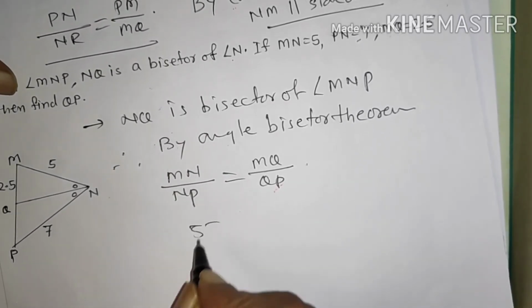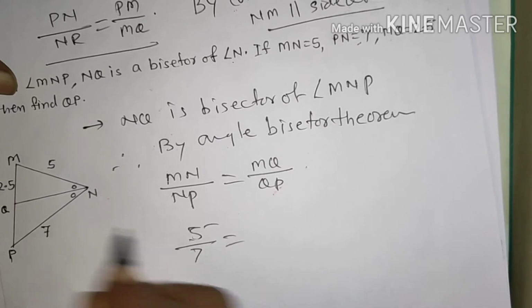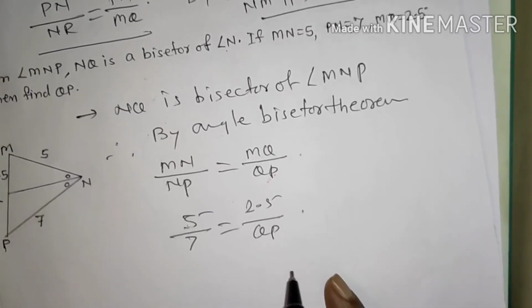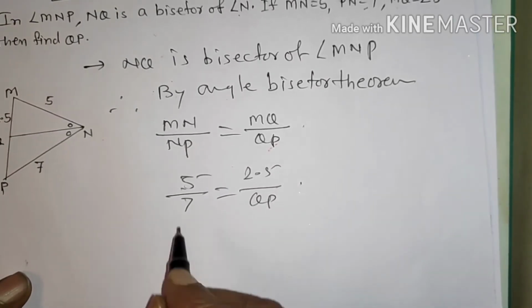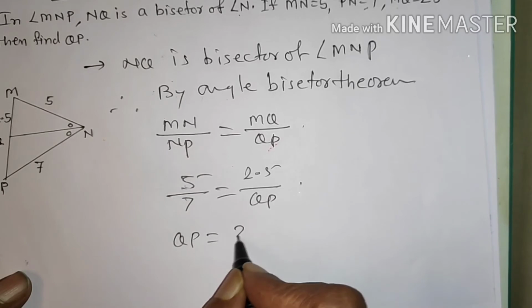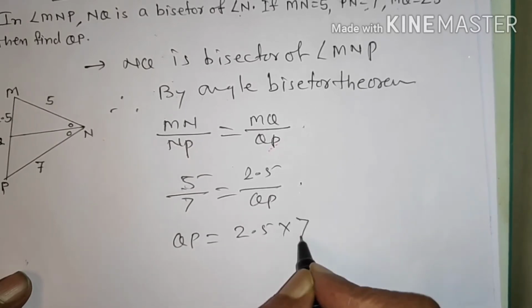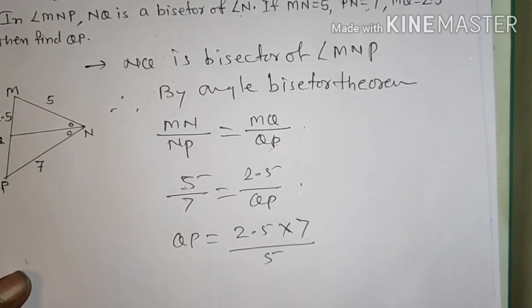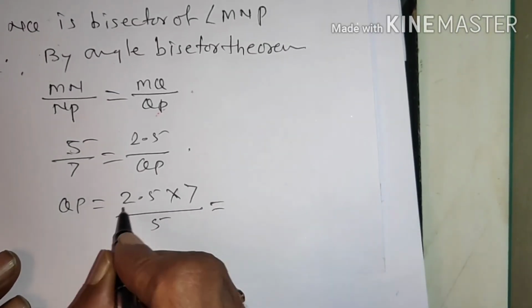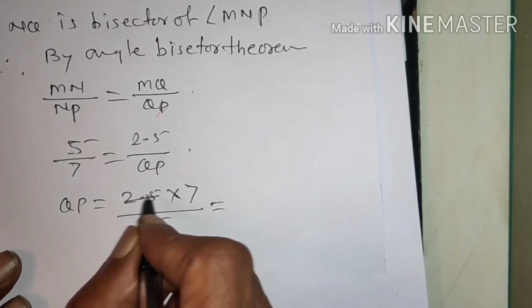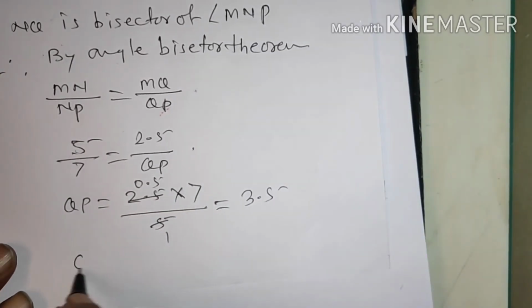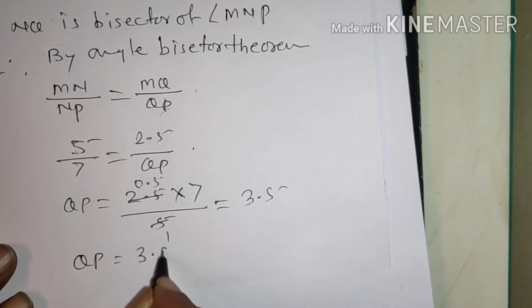Now 5 upon 7 is equal to 2.5 upon QP. PQ is equal to 2.5 into 7 divided by 5, that is 3.5. PQ is equal to 3.5.